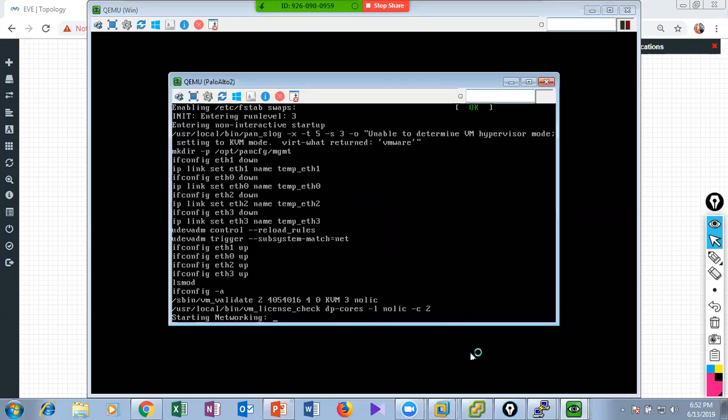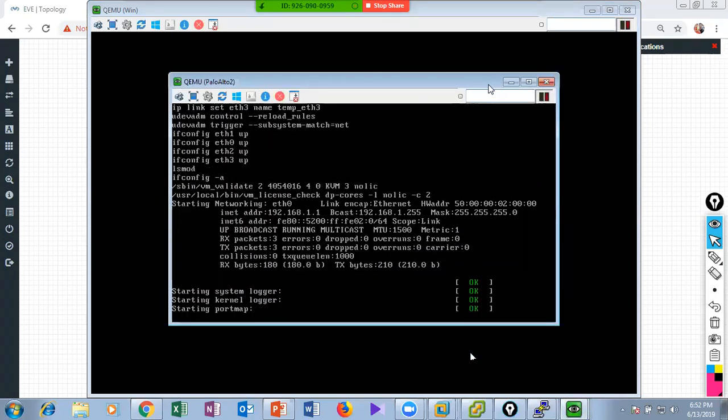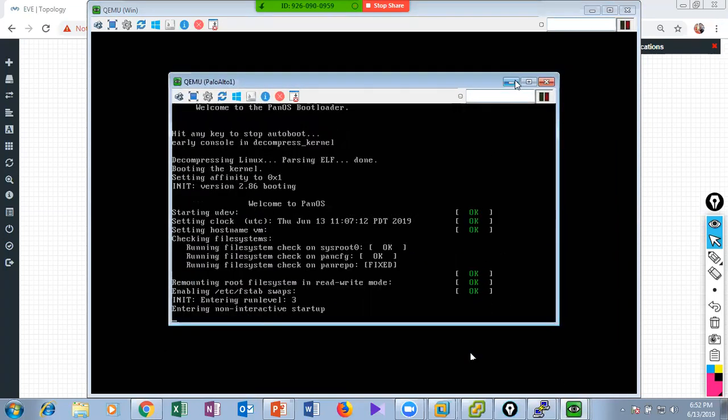Still, these are booting. Let it come up. Today, Palo Alto will be tested on EV also. I basically tested that it is getting GUI access now. After that, I didn't test anything.